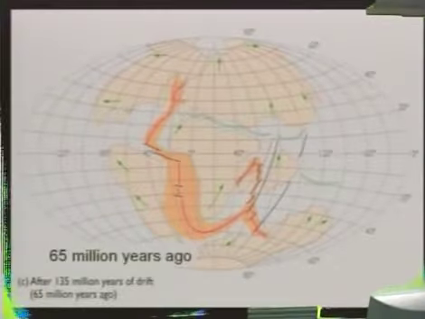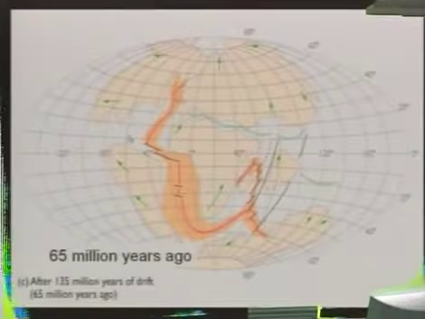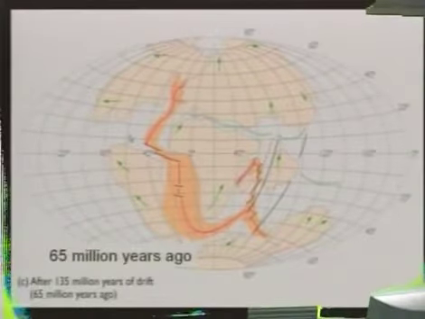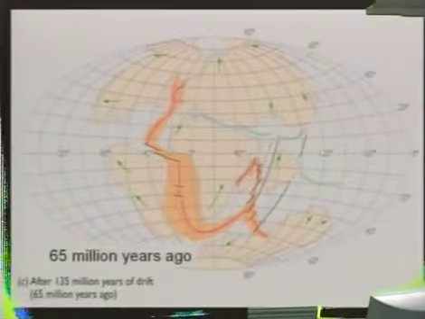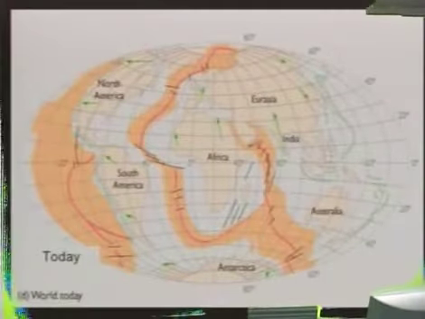It was maybe 800 to 1,000 feet deep, so that's not shown on this map. I have some others later on, either in this lecture or the next, that show that in detail. And eventually we are where we're at today.